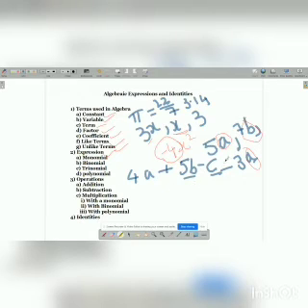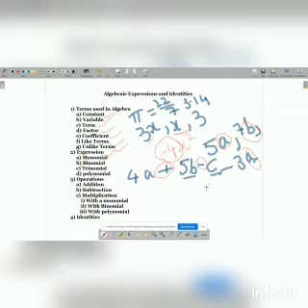I'm combining all these three terms using plus and minus. So this is an expression. The combination of terms using operations is called an expression.